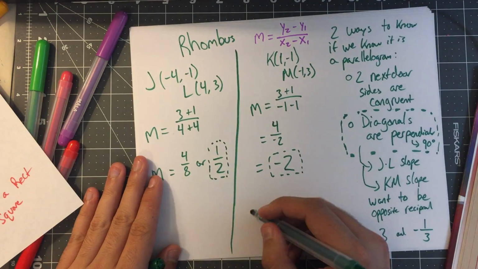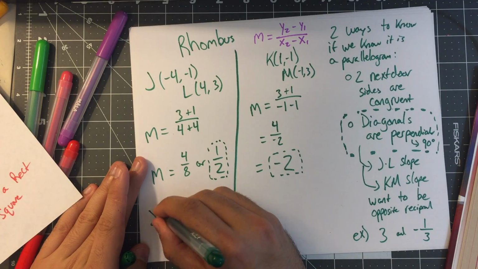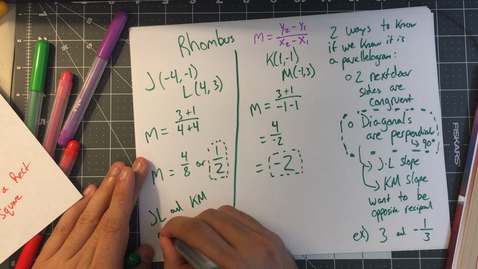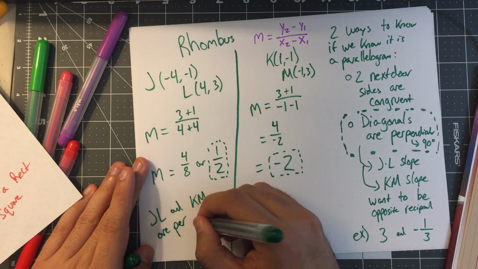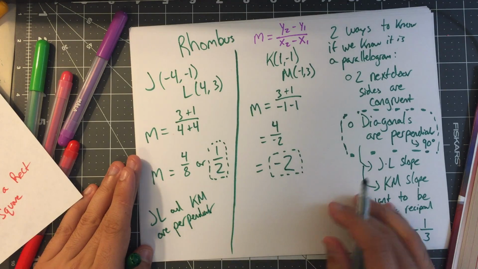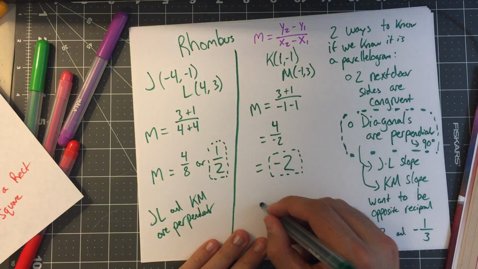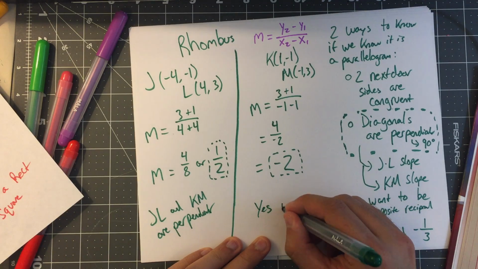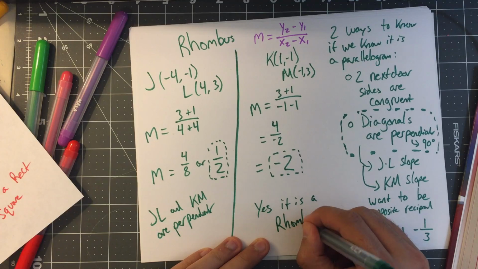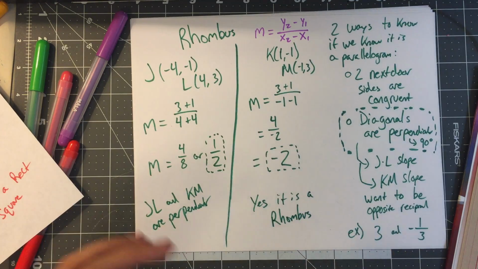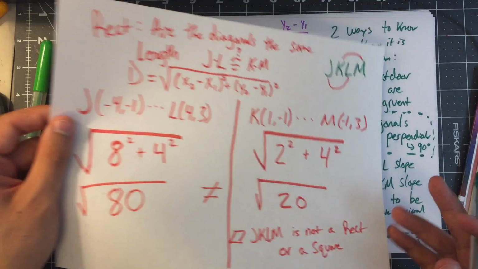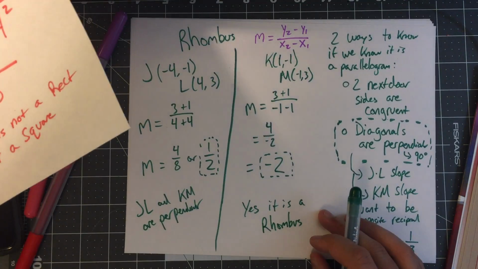So, JL and KM are perpendicular. They make a right angle. So, yes, it is a rhombus. That's great. We did not know that just because of the last test. We had to do two totally separate tests to figure out what it was.